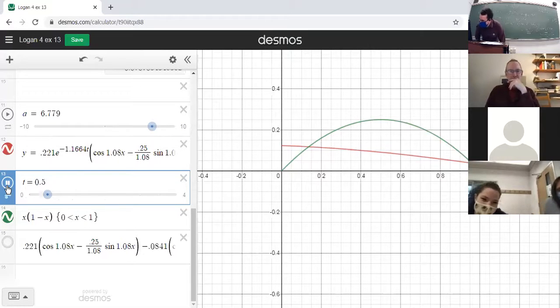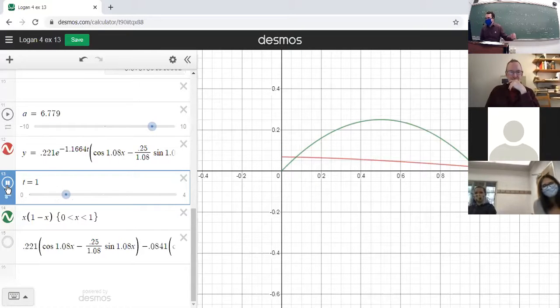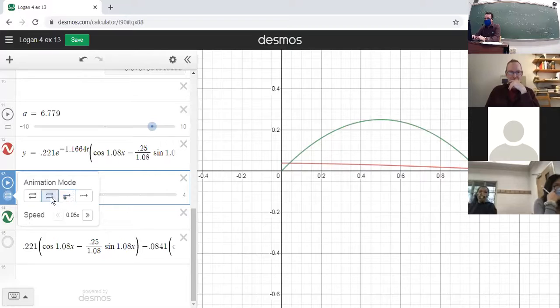You'd see it go by really quickly if the computer could handle it. Desmos is thinking. Actually, no, I've got it set to go slow, so that's my fault.